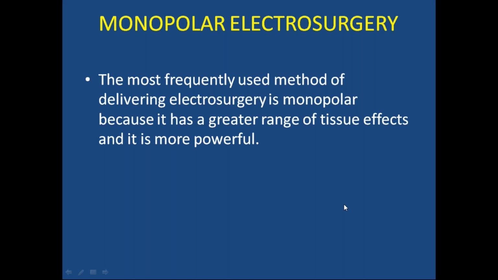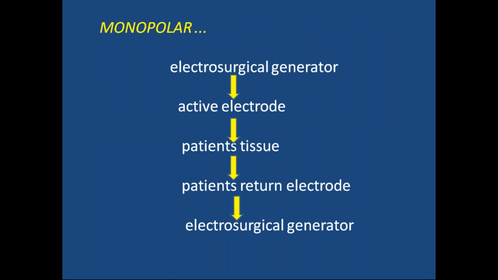Okay. Coming to monopolar, the most frequently used method of delivering electrosurgery is monopolar, because it has a great range of tissue effects and it is also more powerful than the bipolar diathermy. So this is the process.